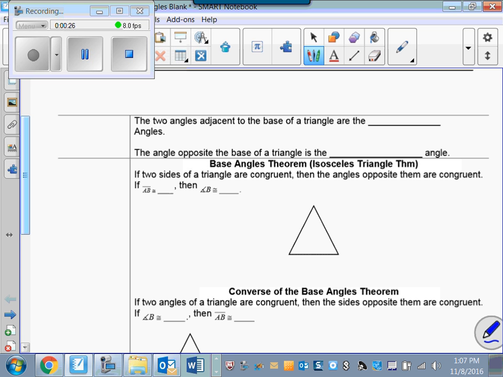So we're going to learn a few new theorems, and then of course most of the lesson will be spent practicing a couple of proofs. All right, here's some terminology you may not know. The two angles adjacent to the base of a triangle are called the base angles. So if we look at this triangle right here, these would be the base angles, meaning this would be the base.